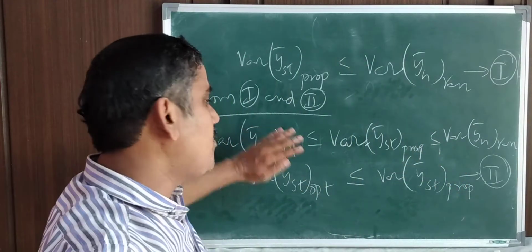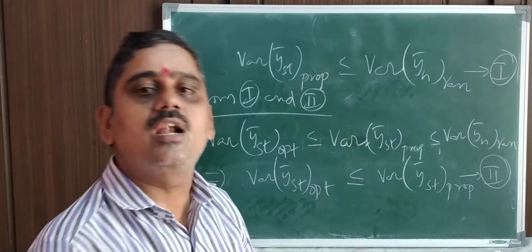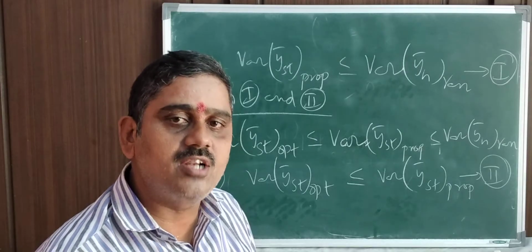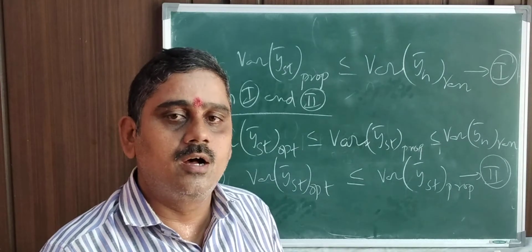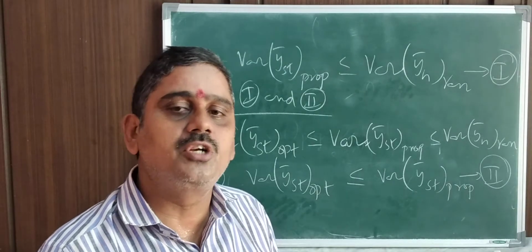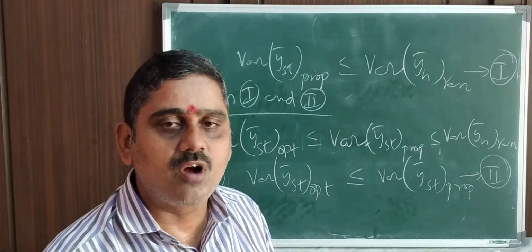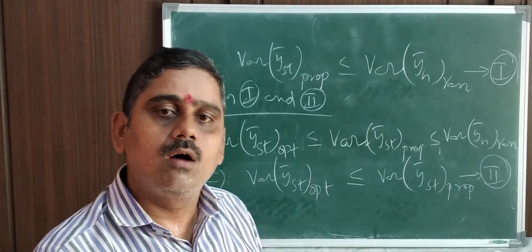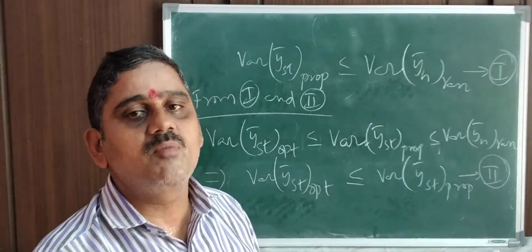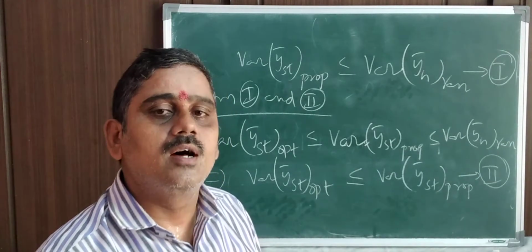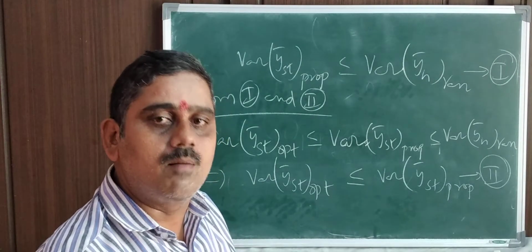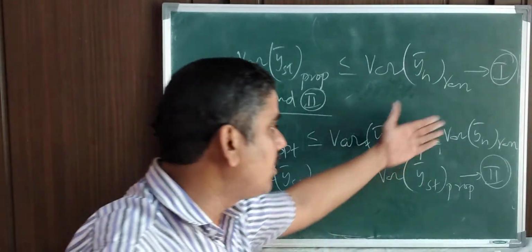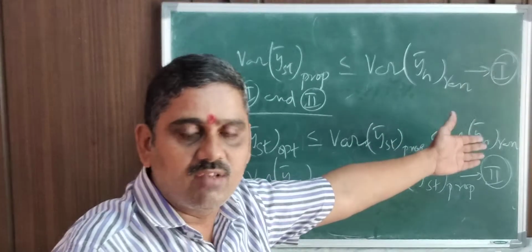So therefore, if you compare these three techniques, simple random sampling without replacement, which represents simple random sampling, and proportional allocation and optimum allocation, two techniques in stratified random sampling, then the variance of the sample mean in the optimum allocation gives the minimum compared with the remaining two, that is proportional allocation in stratified random sampling and simple random sampling, that is variance of y bar n.